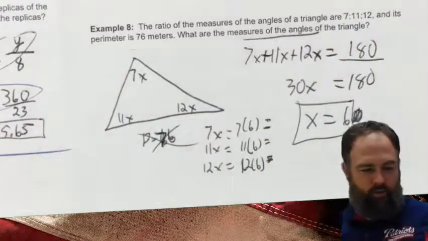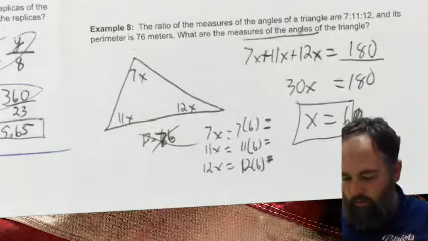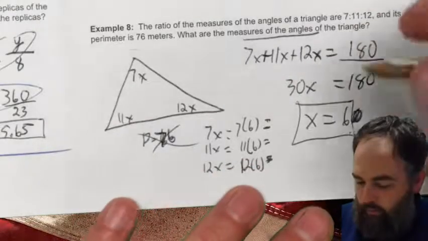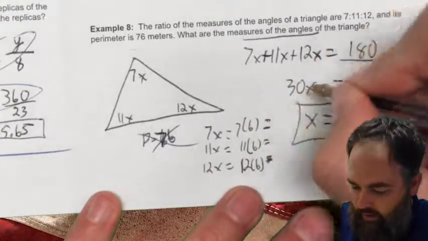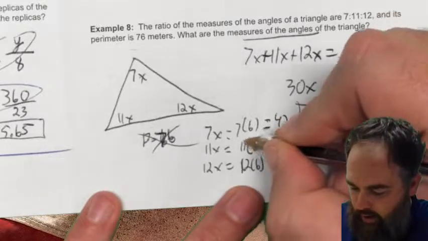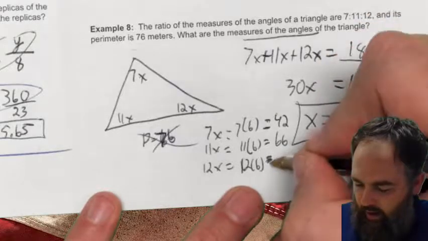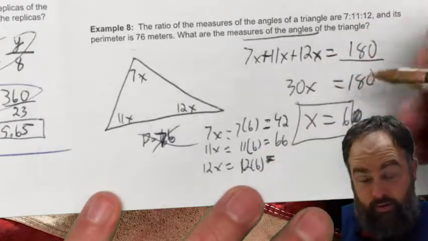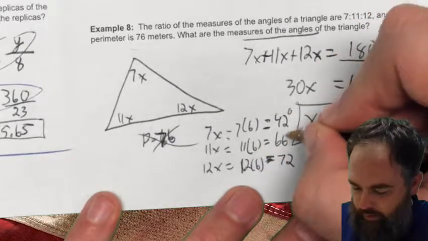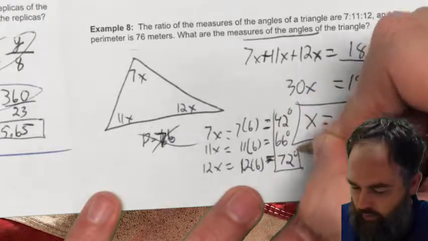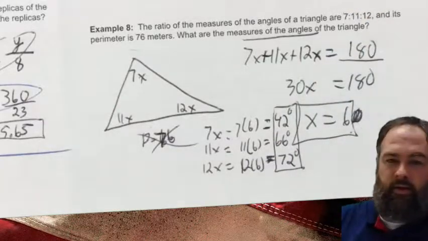I forgot to write these down on my cheat sheet, so I might have to use my calculator. 7 times 6 is 42, 11 times 6 is 66, and actually I don't need it, 12 times 6 is 72. So the measures of my triangle are 42, 66, and 72.